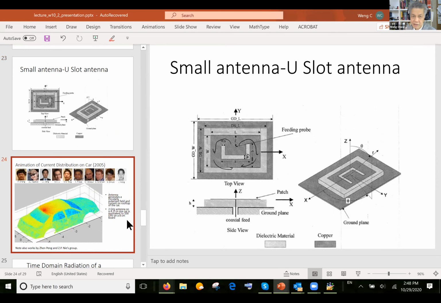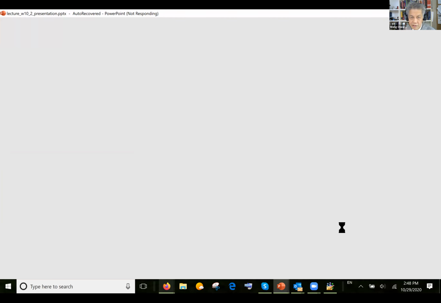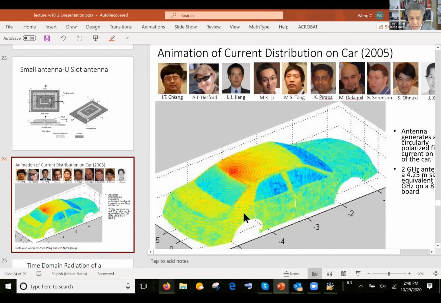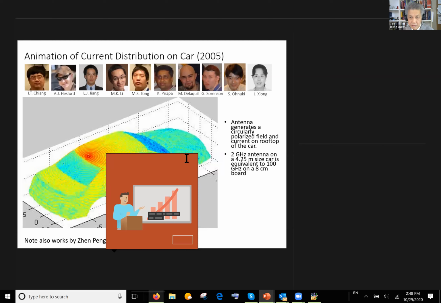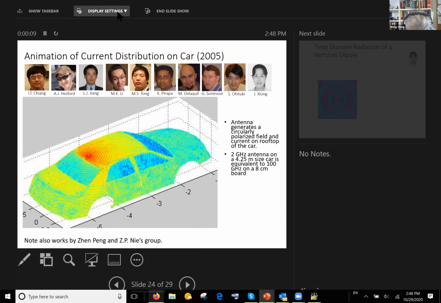And this is something that I did in my research group many, many years ago. Let me see, I probably have to put this in display mode before the video will play. Let me see if it will play. What does it say? I probably have to do something.